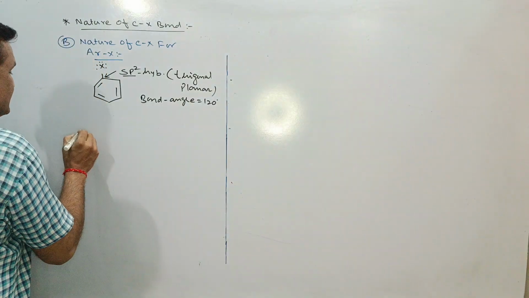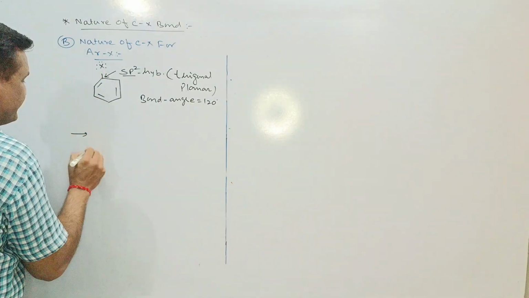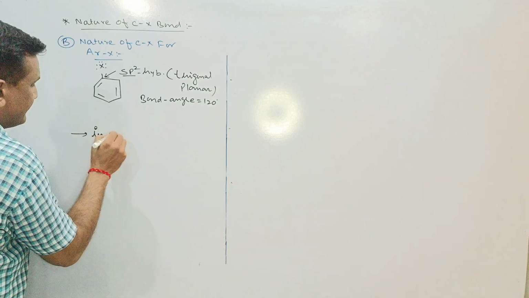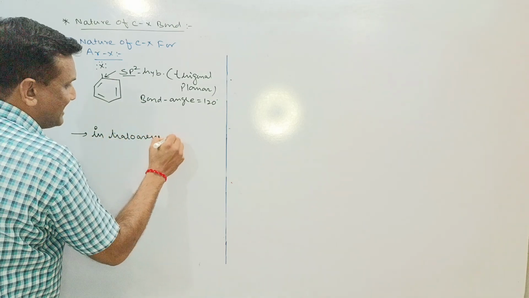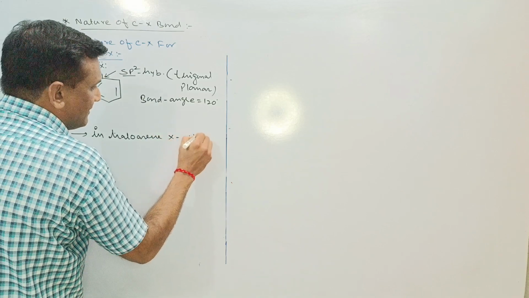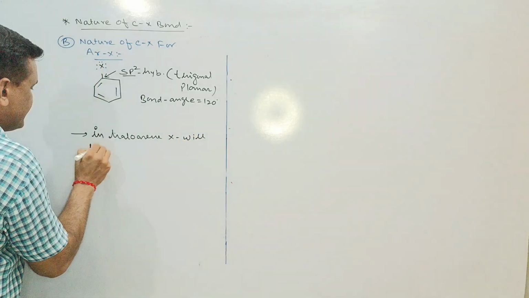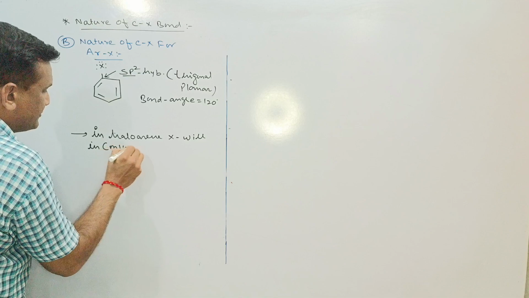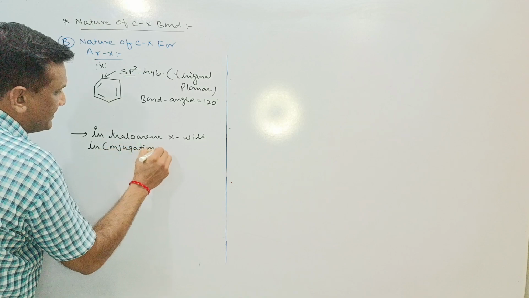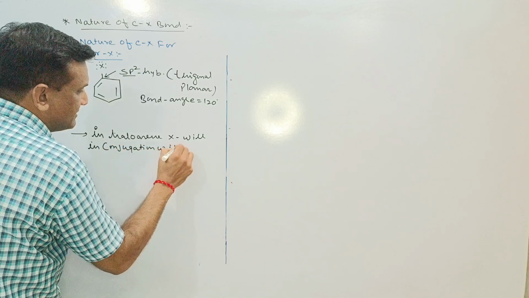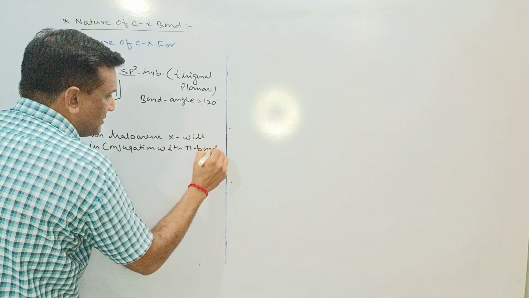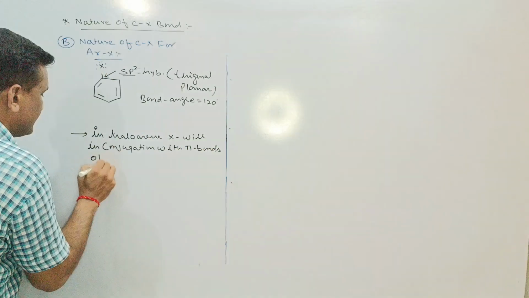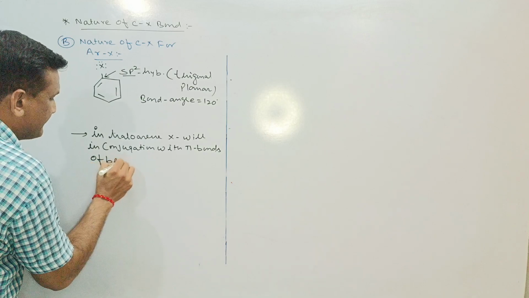Going further, in haloarine X will be in conjugation with the pi bonds of the benzene ring.